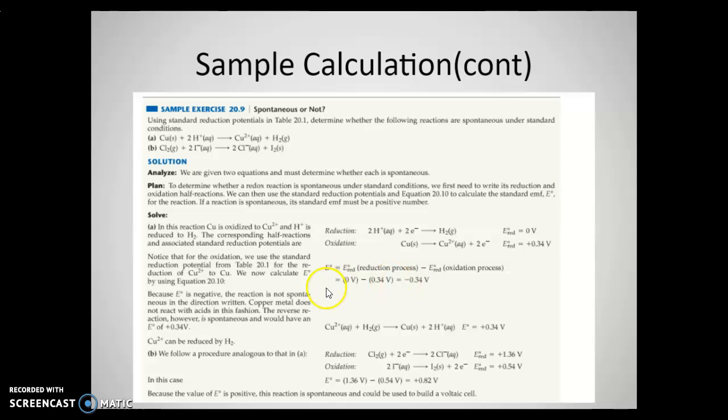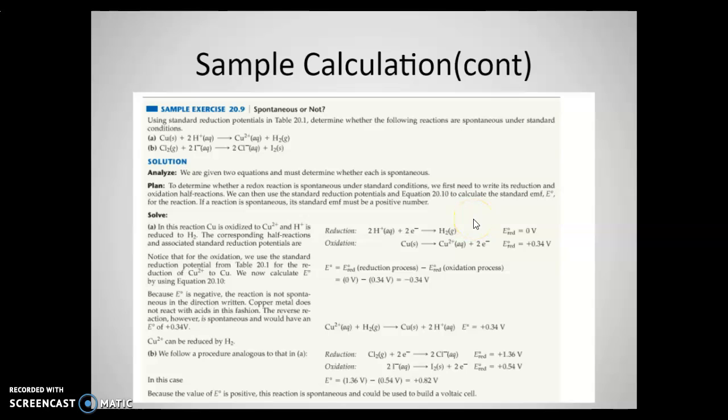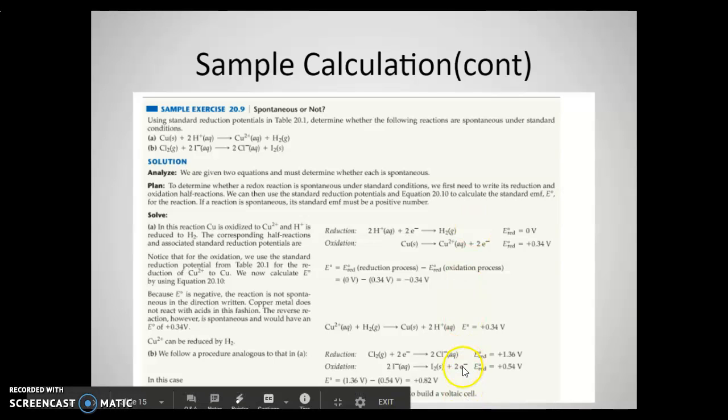So choice A would be non-spontaneous. Then we go to choice B, we have the chlorine, down here, sorry. Can't point to it or else the slide thing pops up.